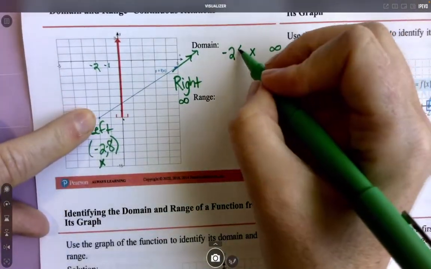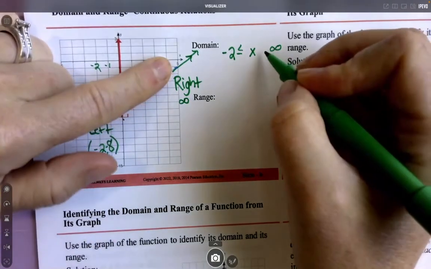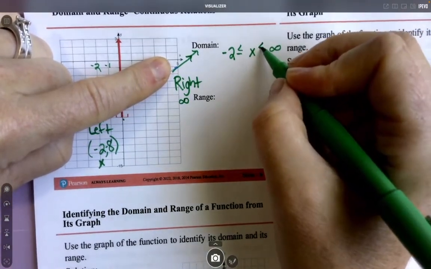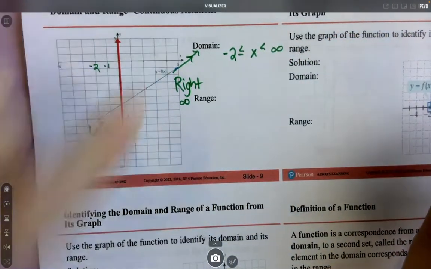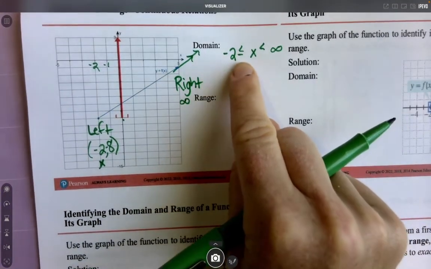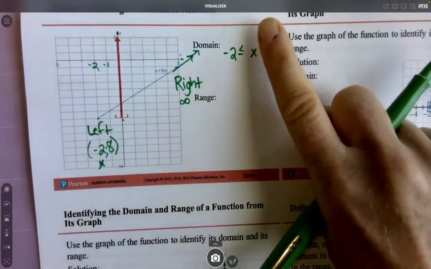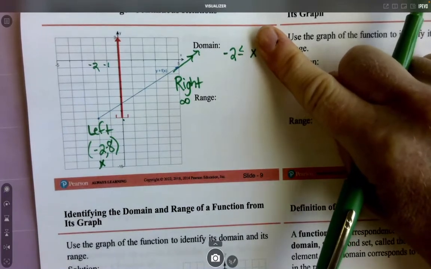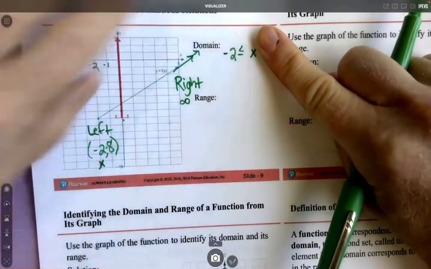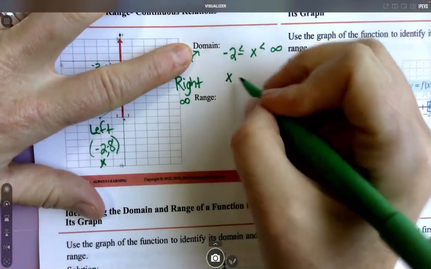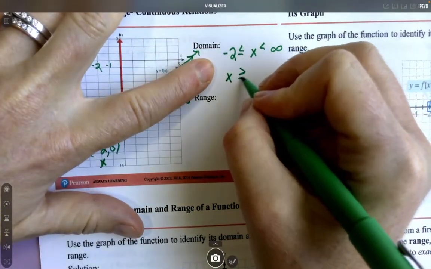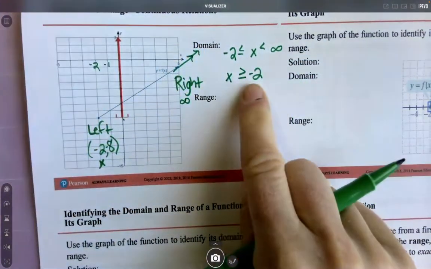This point is included, so it's less than or equal to. This point goes on and on forever. You can never actually touch it, so it looks like that. So it's saying -2 is less than or equal to x, which is less than infinity. So if I cover that up, I can flip-flop these around, and it's x is greater than or equal to -2.